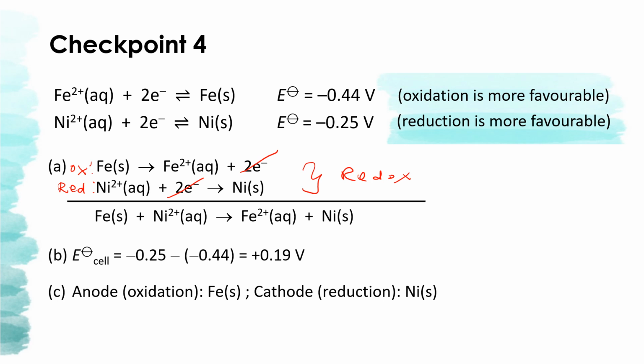And then you should know where is the anode and where is the cathode. And the electrons will flow in the external wire from the anode to the cathode. Okay. Easy, right? This topic.